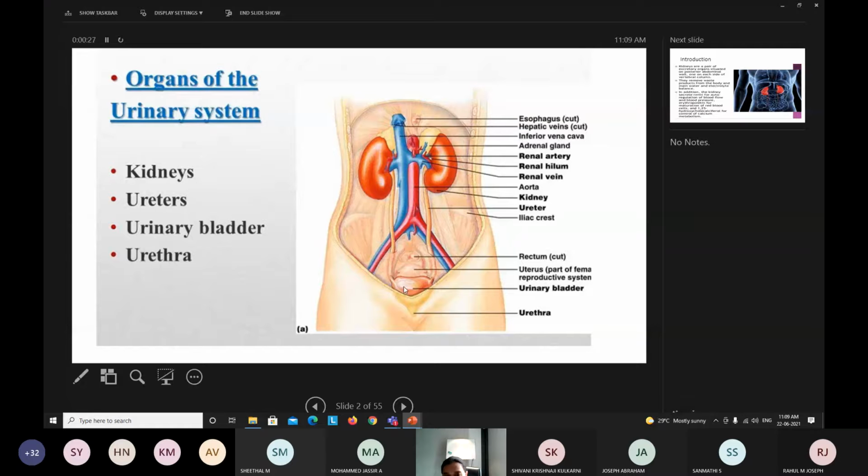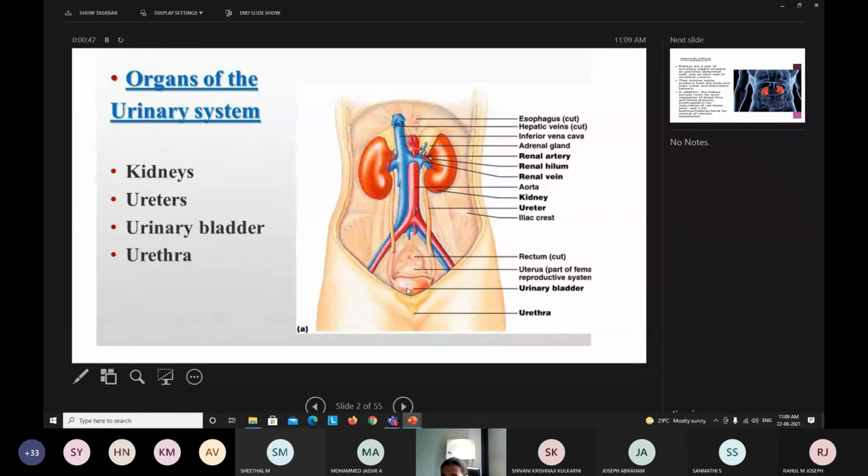Whenever it is filled, we feel a sense of fullness, then it is micturated outside through the urethra. So kidneys are the excretory organs which help in the production of urine, that is urination.